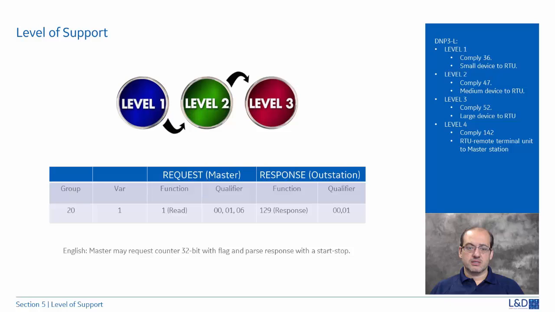The information is referred to as metadata, or information about the data. For example, is the point online or offline? Does the point have a time tag with it or without a time tag? So all of this was required in order for full functionality of communication to be achieved between two intelligent electronic devices, one acting as a master, the other acting as a slave.